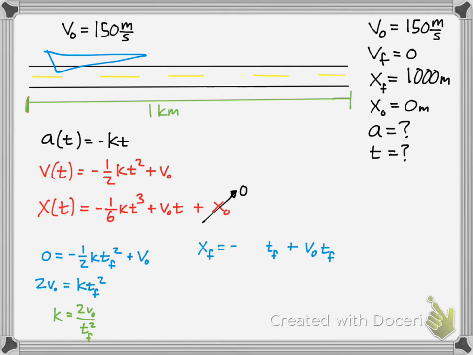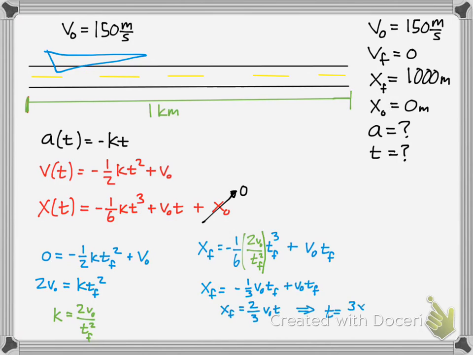How long will it take? So I substituted the k value into the position equation, because that's where our final position is going to be 1,000 meters. But we'll save the numbers for later and just continue solving for time. I think I missed a square there. Oh, no, I didn't, because the 2's canceled.